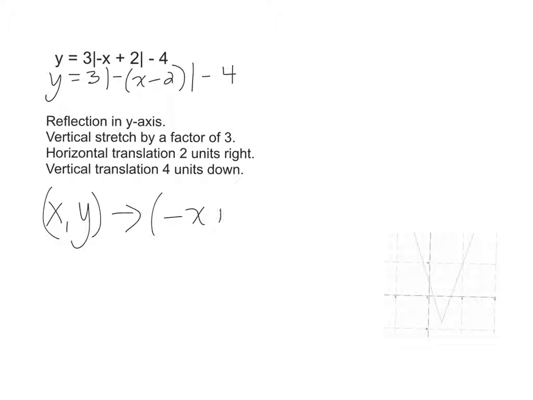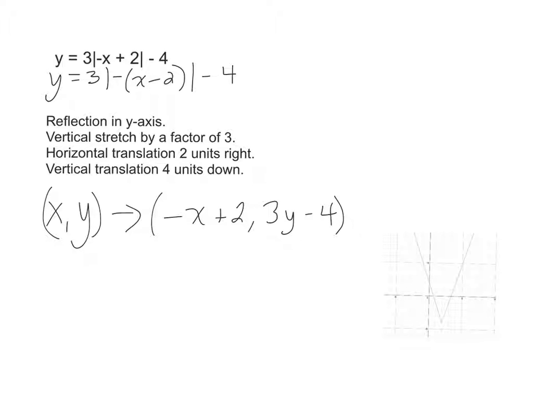So X plus 2. And then 3y minus 4. It's a little bit weird. You do have to be careful with this mapping rule. Like the negative is not factored out when you put it in a mapping rule. And make sure you take the opposite sign of the translation, the horizontal translation.